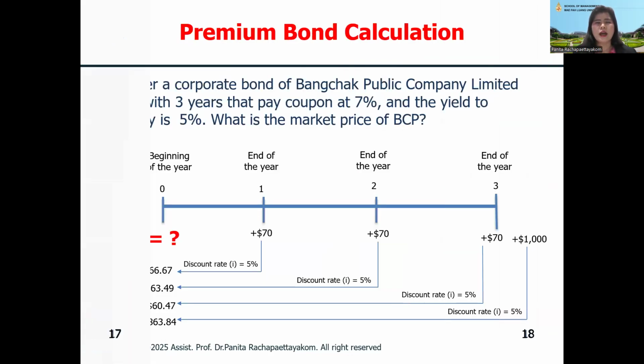So in this case, please notice this timeline. In the case of the premium bond, you invest in a 3-year Bangchak, BCP, Bangchak Public Company Limited corporate bond at a yield of 5%. Here the yield of 5% is less than the coupon payment of the BCP, 7%.